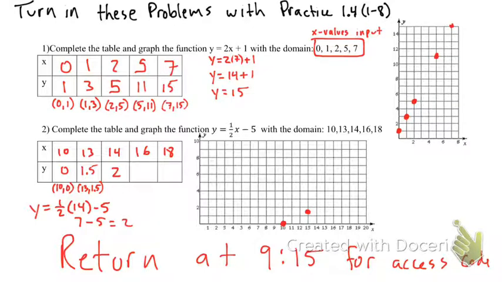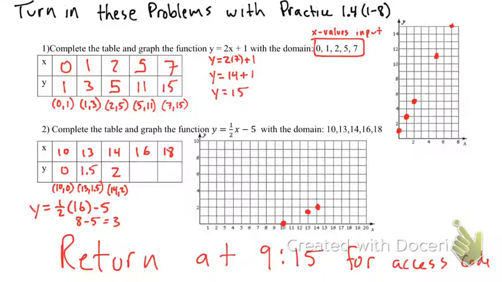So now we have (14, 2), and we plot that point. (14, 2) is right here. And then we just continue this process. So now we're going to plug in 16. Half of 16 is 8. 8 minus 5, that gives me 3.